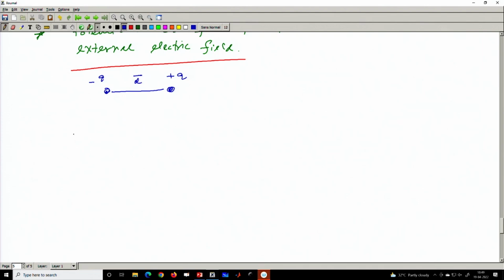It is located with respect to some origin at point r, and r plus d.